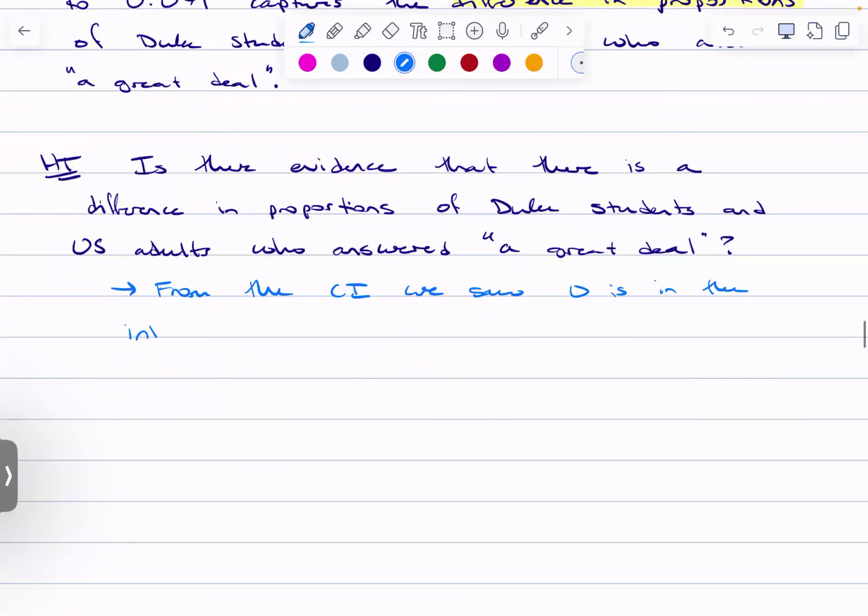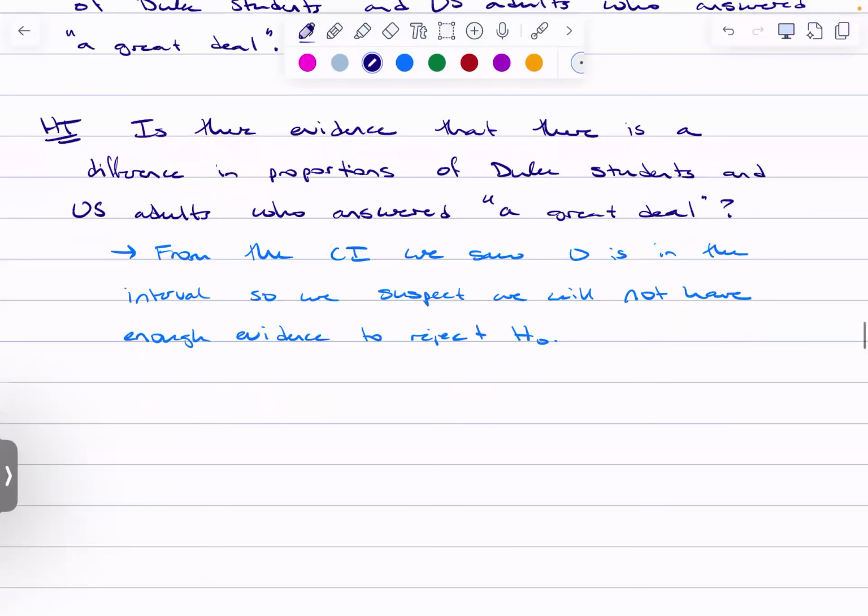So we suspect we will not have enough evidence to reject H0, right? We already checked the conditions, so we're going to jump right in and state our null and alternative hypothesis.